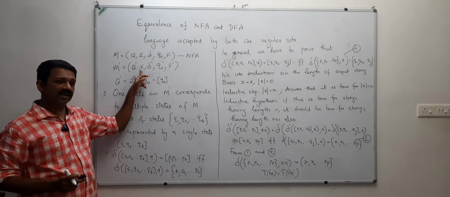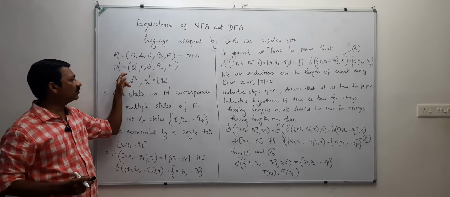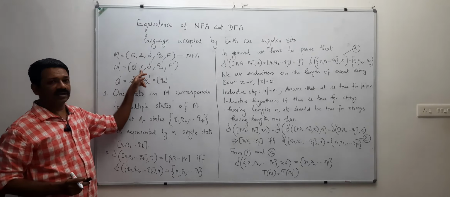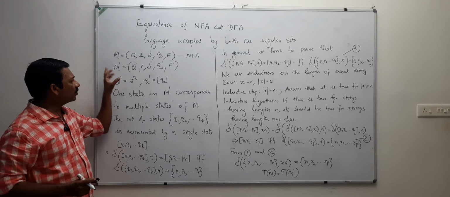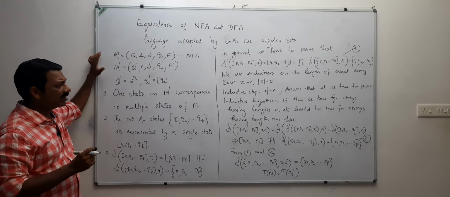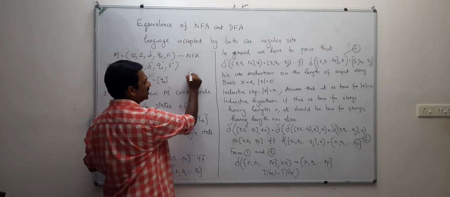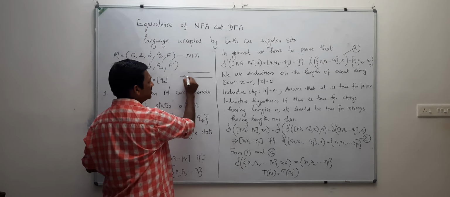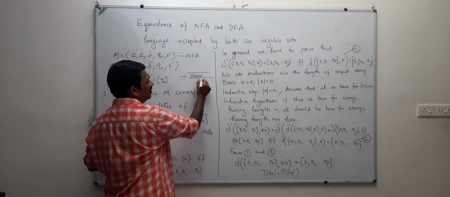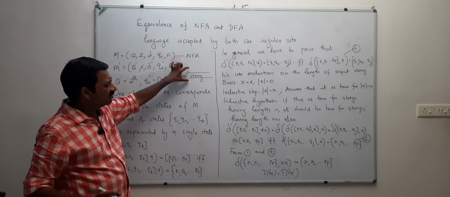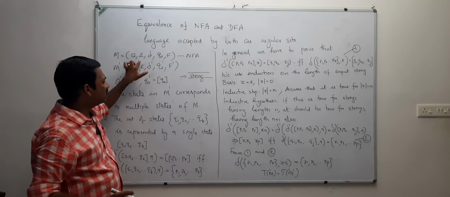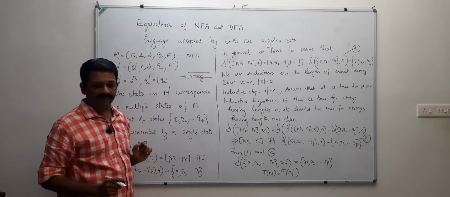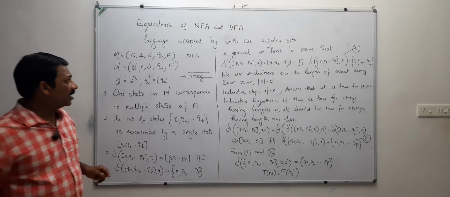If the input string is binary, then for both of these the input string is binary. We are going to process a string, and the set of permissible symbols in the string is called sigma. So for both of these, those are the same.